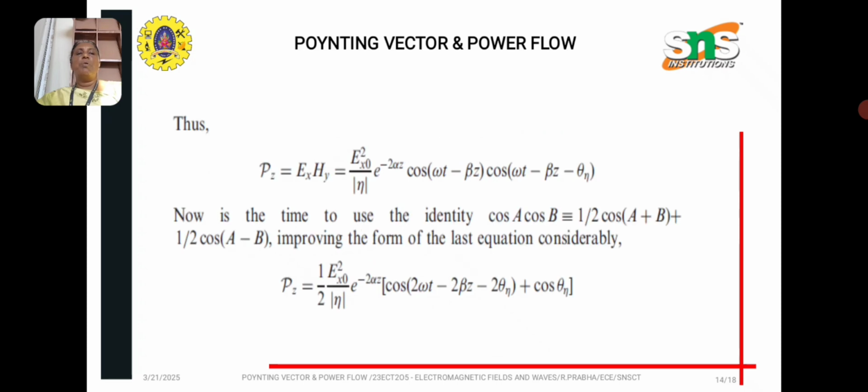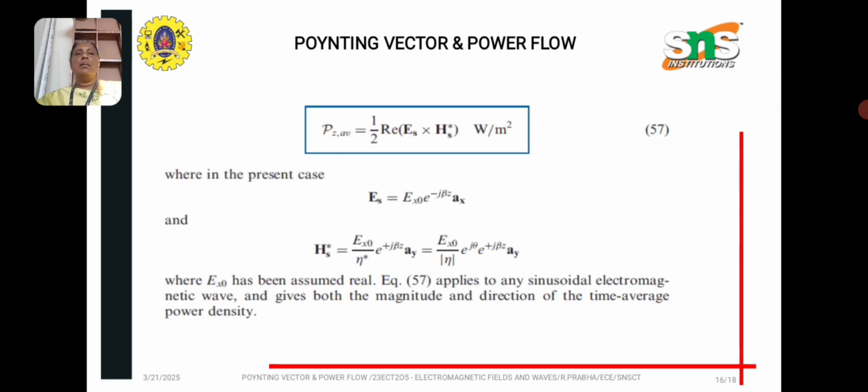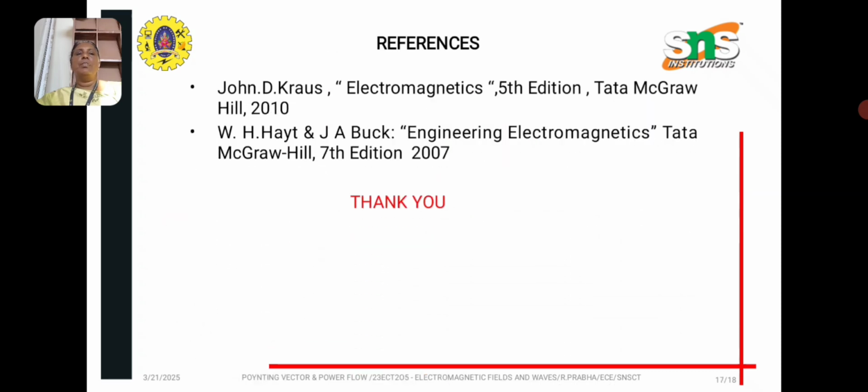And we can write the Poynting vector as Pz is E cross H. And Pz average is 1 by 2 Ex0 squared by eta e power minus 2 alpha z cos theta eta. This term e power minus 2 alpha z indicates the attenuation of power density. And this Pz average we can write as 1 by 2 real part of E cross H star watts per meter square. Thank you.